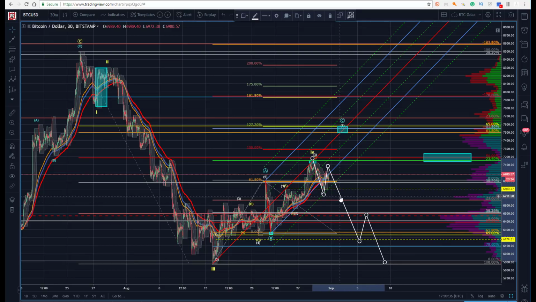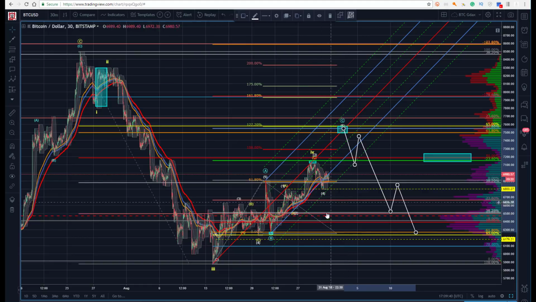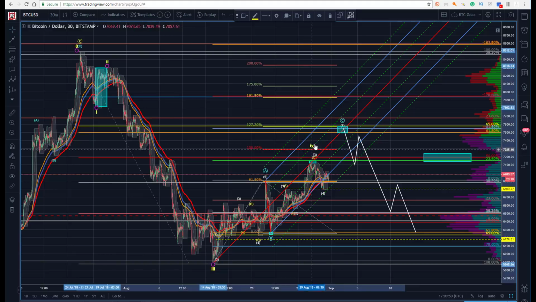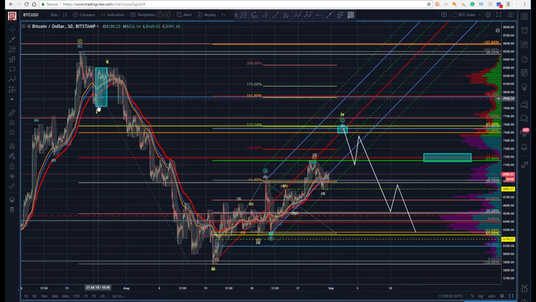If it happens up here, it's almost making it more uncertain, because now there's no possible way this can be the 4 of the 2. Well, again, I shouldn't say that. It's highly unlikely that this would be the 4 of that 1, 2. So then we have to rethink it.